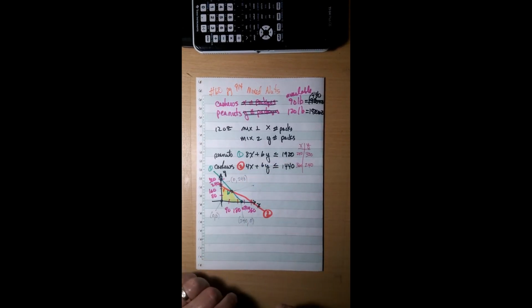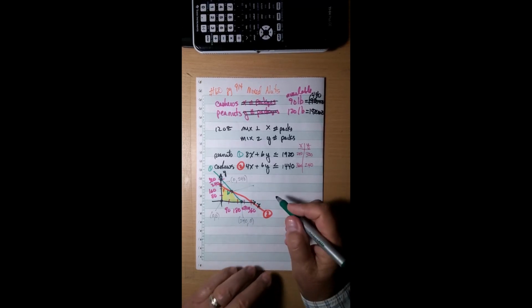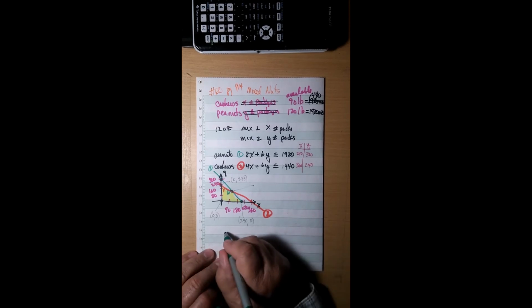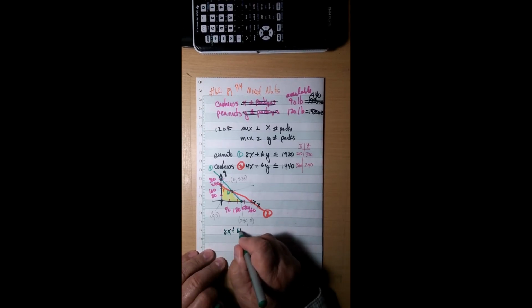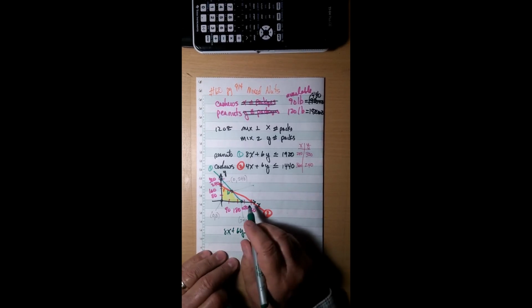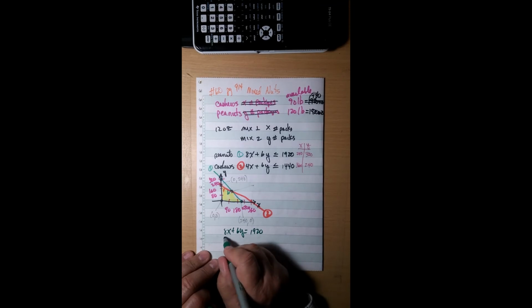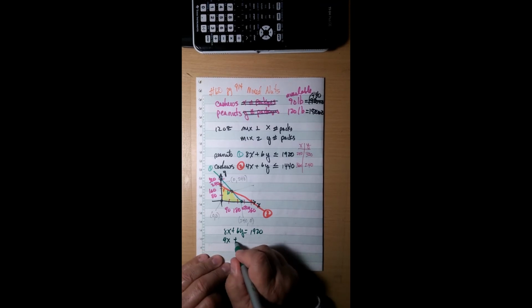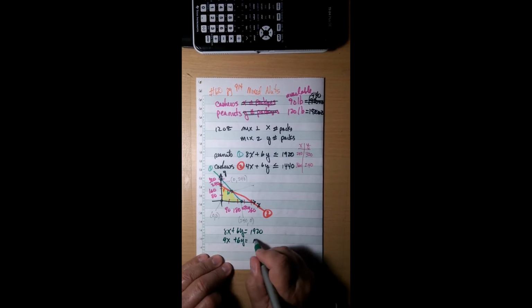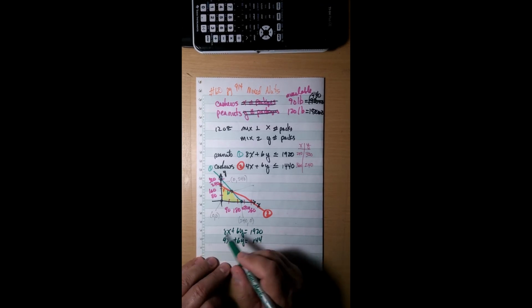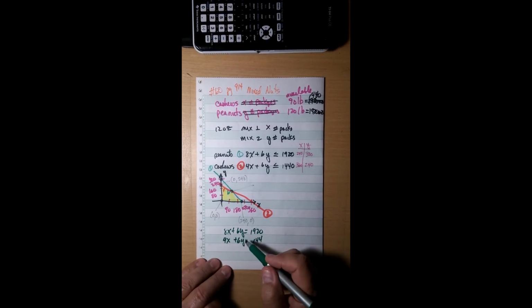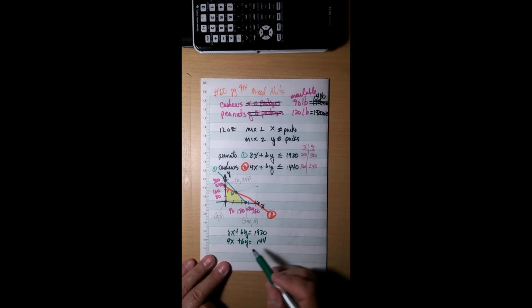This one, we've got to solve a system of equations. And we solve that in a lovely shade of green. We take 8x plus 6y equals, now we're doing equals because we want to know exactly on the lines, 1920, 4x plus 6y equals 1440. If we want to solve this, I would say elimination is best.